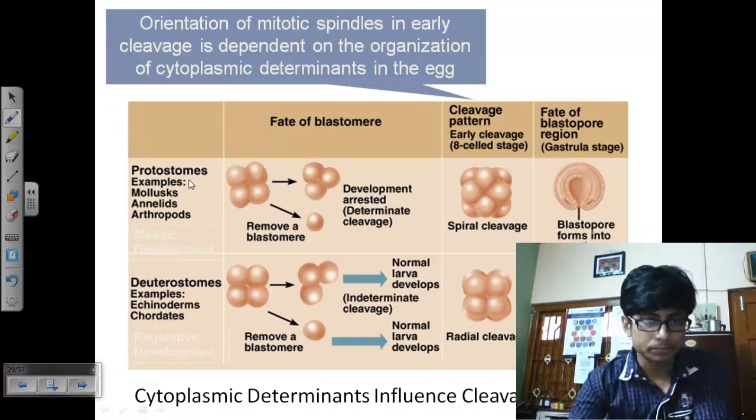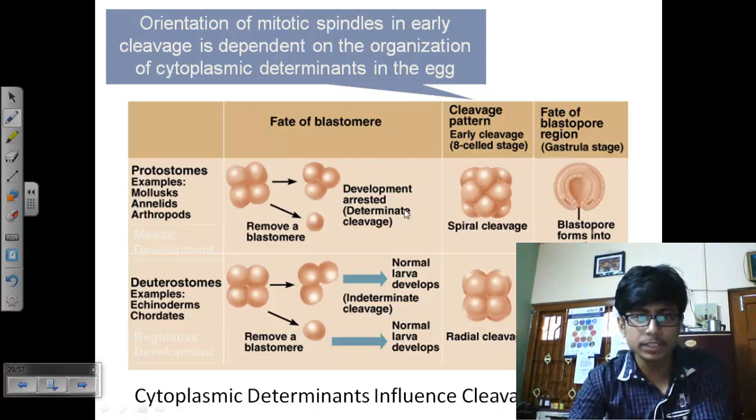Say here, in the case of protostomes, we have a blastomere, lots of cells are there, and if we take one cell out of the blastomere and place it, and check for the pattern that emerges, it creates the spiral cleavage, and then finally normal individuals are generated.